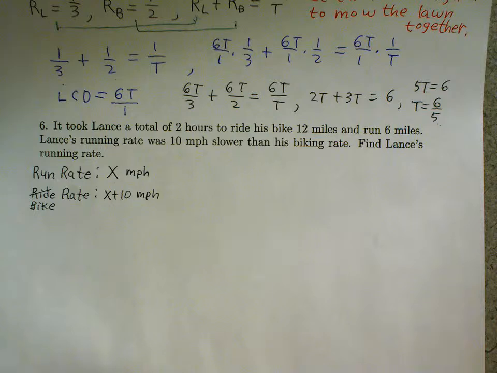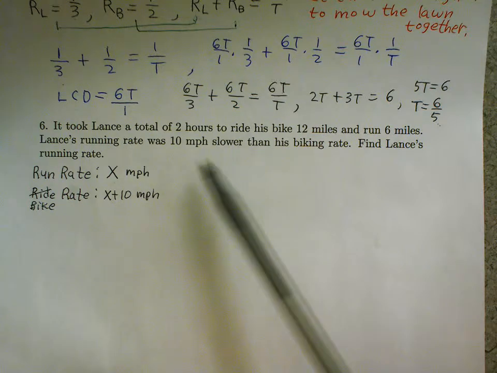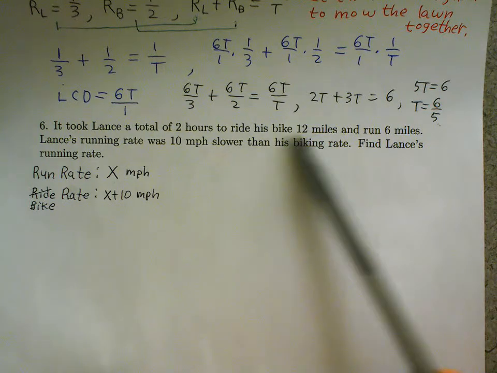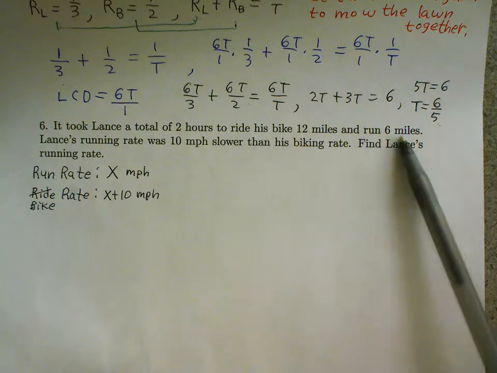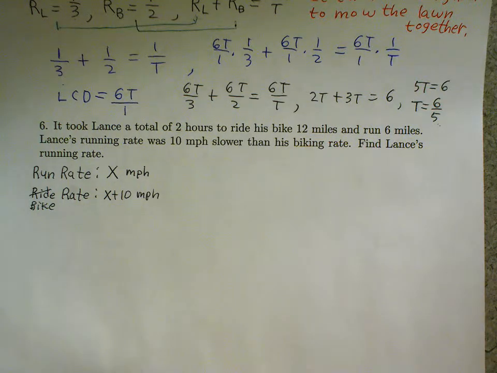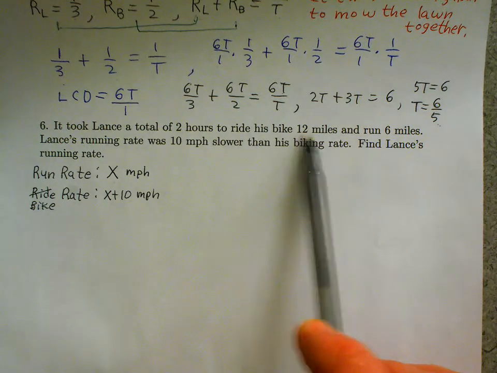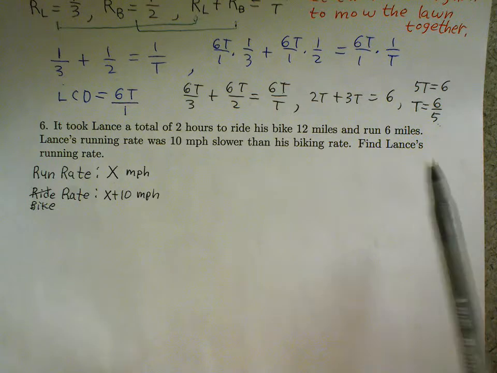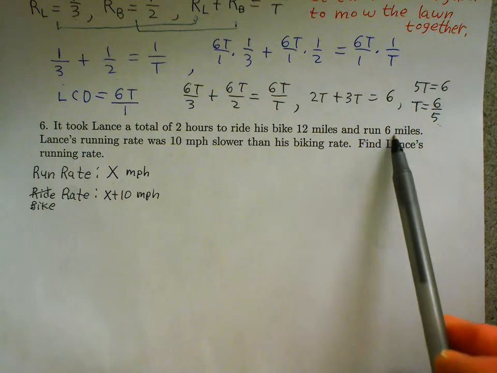Okay, at this point, the only thing we know about time is the total amount of time it took to ride the bike 12 miles and run 6 miles. The total amount of time is 2 hours. So we're not told specifically how much time it took to ride the bike 12 miles or the specific amount of time it took to run 6 miles.